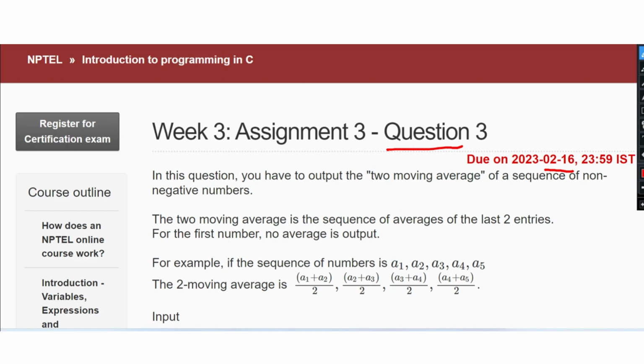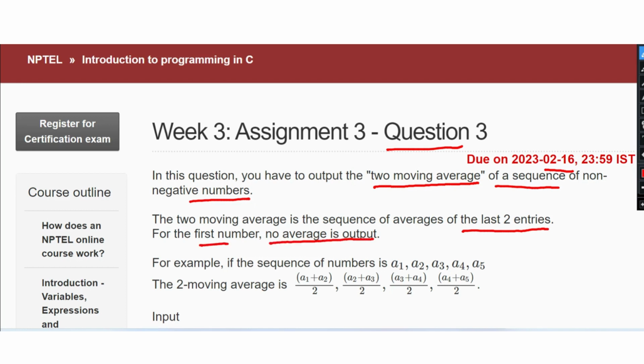What is the problem they have given? In this question the output is the moving average. That means the two moving averages of a sequence of non-negative numbers. The two moving average is the sequence of averages of the last two entries, and the first number, which has no average, is not output.